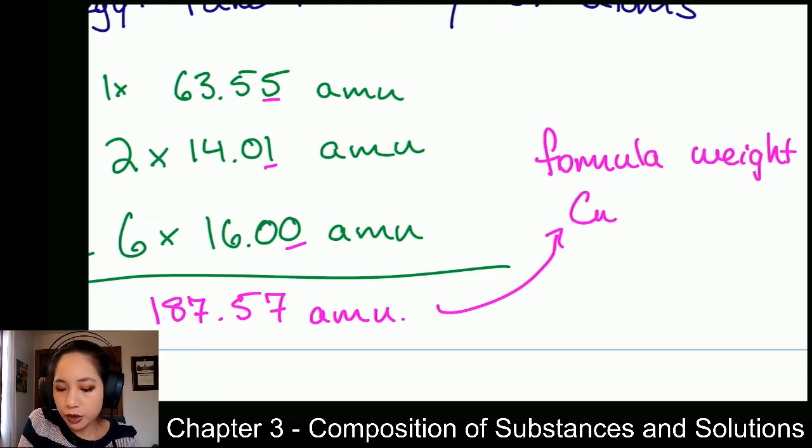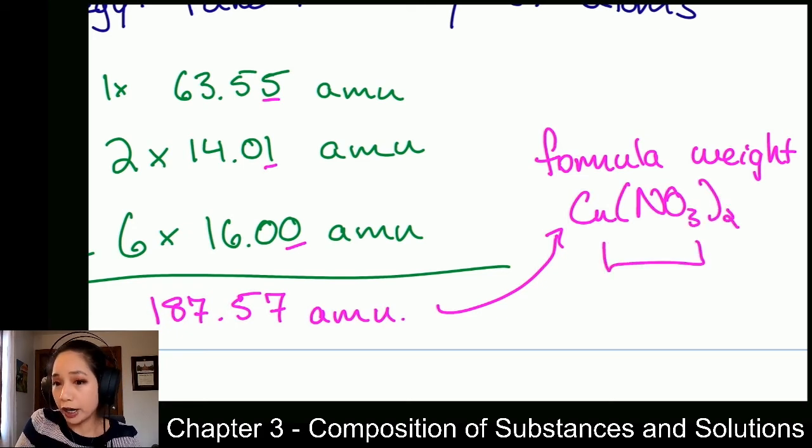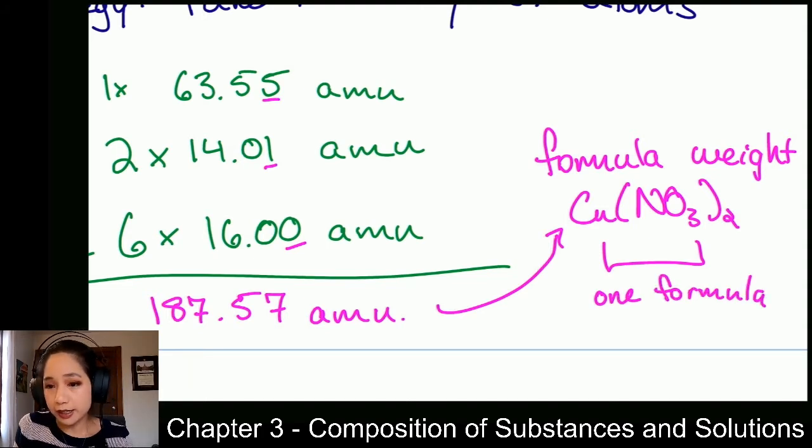So this is the formula weight of copper 2 nitrate. And remember how we write copper 2 nitrate here, this is 1 formula unit, because that's what formula weight is. It's the mass of 1 formula unit of that ionic compound.